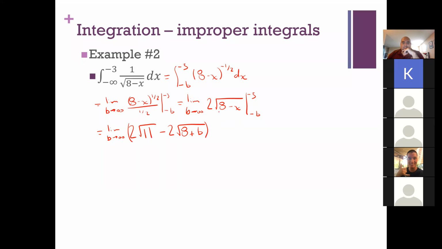So those 2 negative signs will cancel out. The term under my radical here is 8 plus b. It's going to grow arbitrarily, however big you want it. So that means this thing cannot converge.